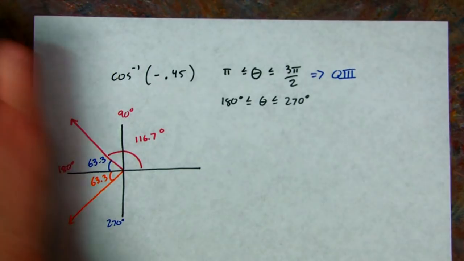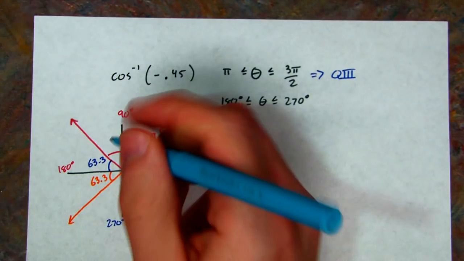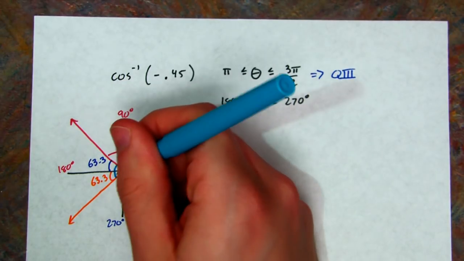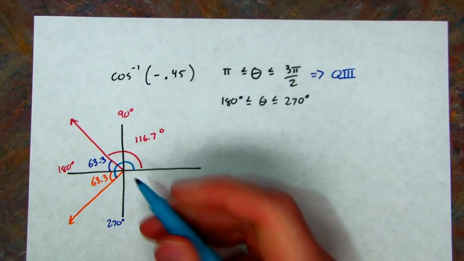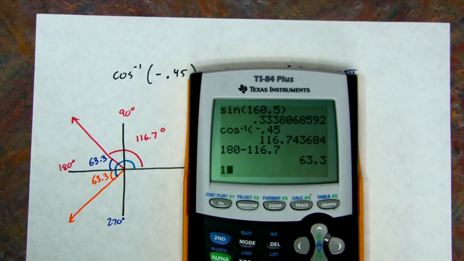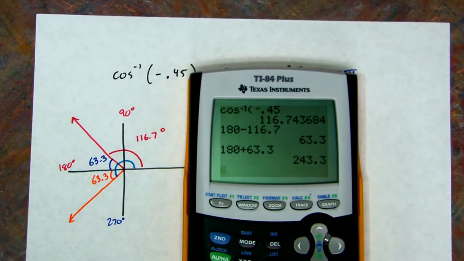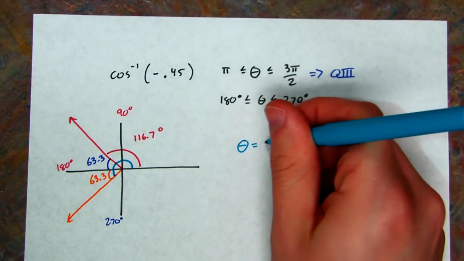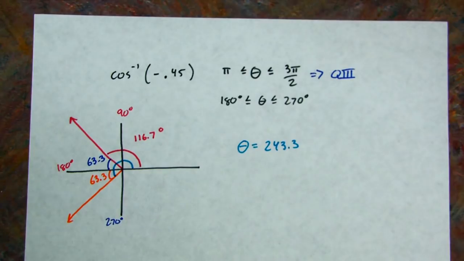And now I have to find the angle that when I start here and go all the way around to this orange angle, it has a reference angle of 63.3. So to do that, I do 180 plus 63.3, and I get 243.3. So my angle is 243.3.